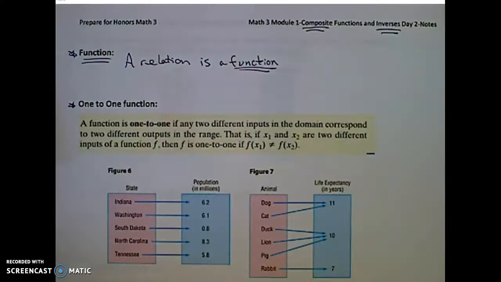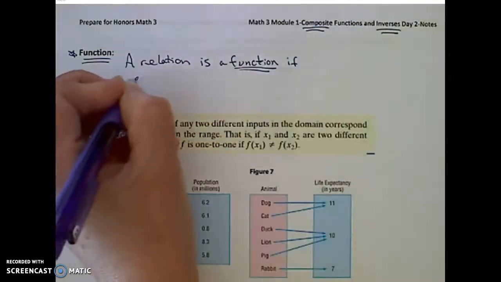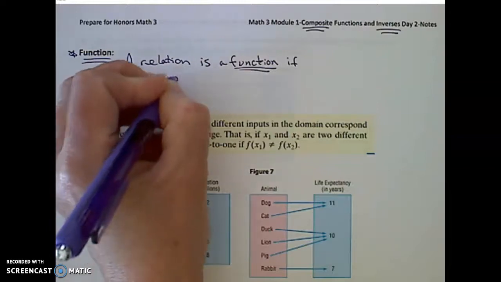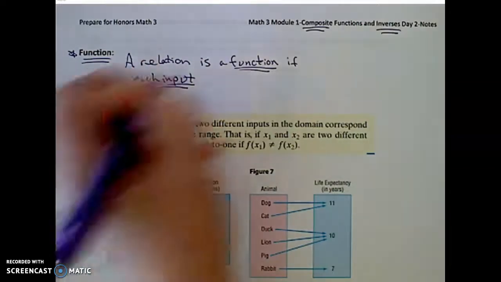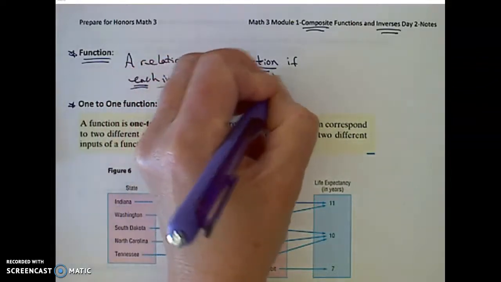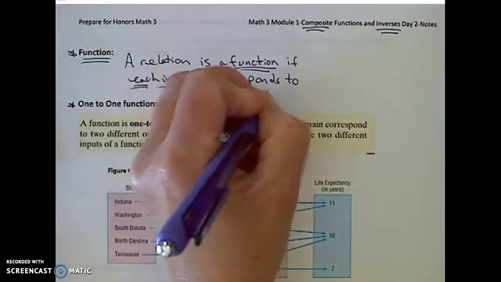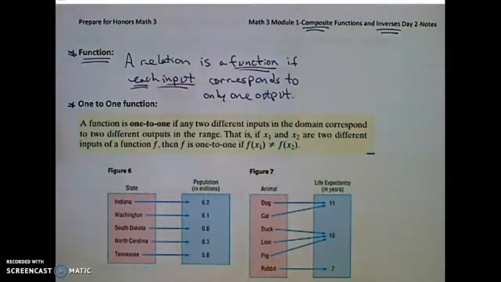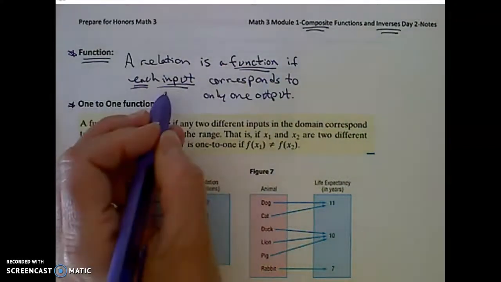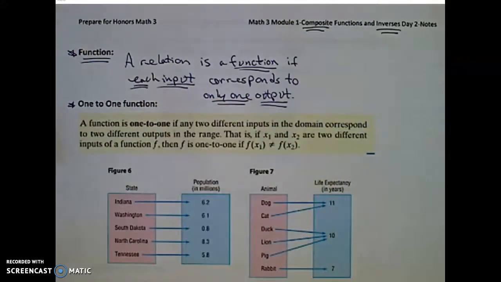A relation is a function if, you can complete my thought, a relation is a function if each input corresponds to only one output.